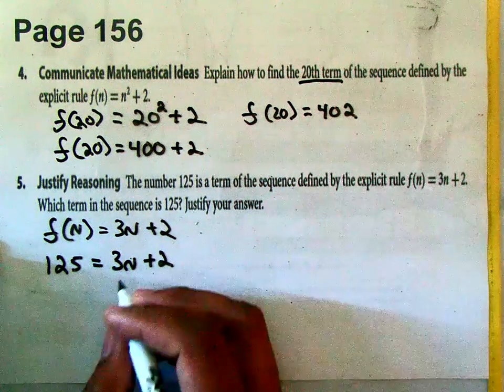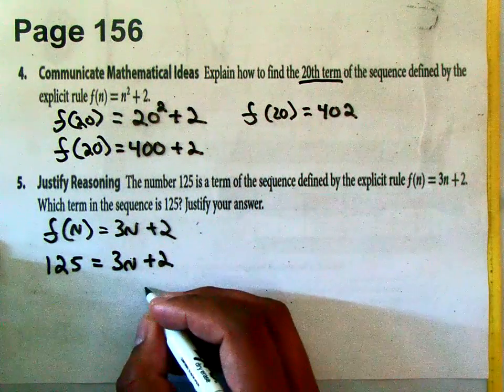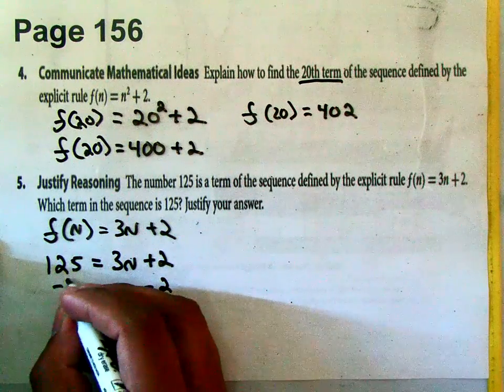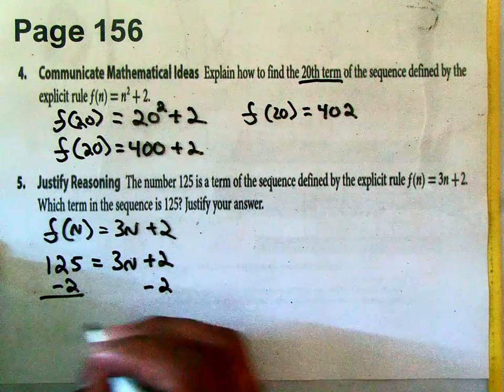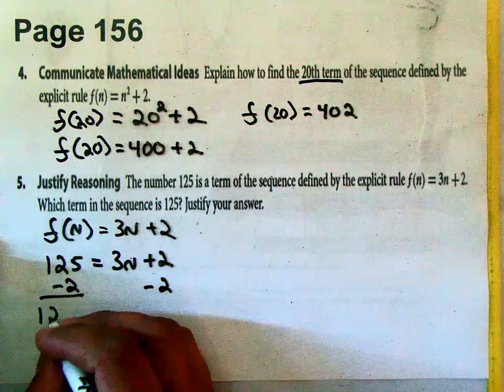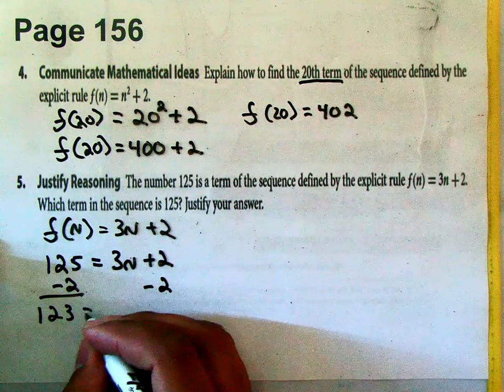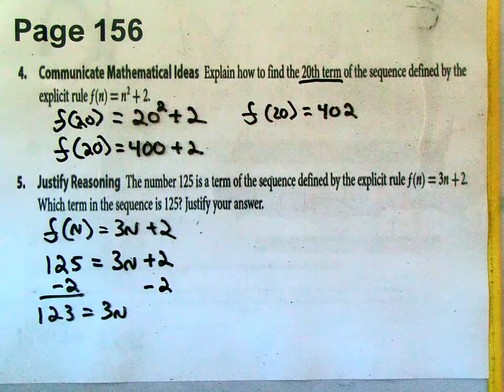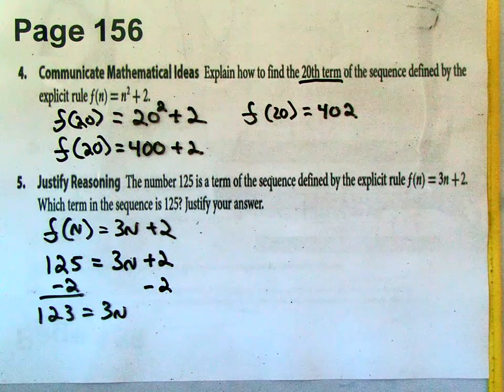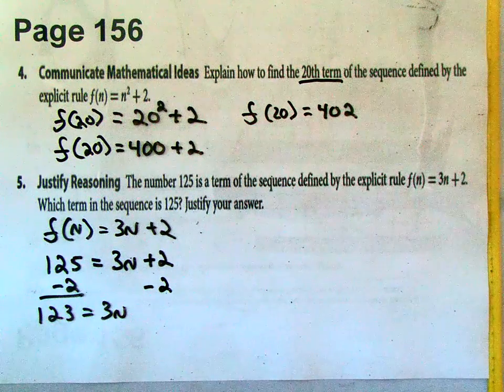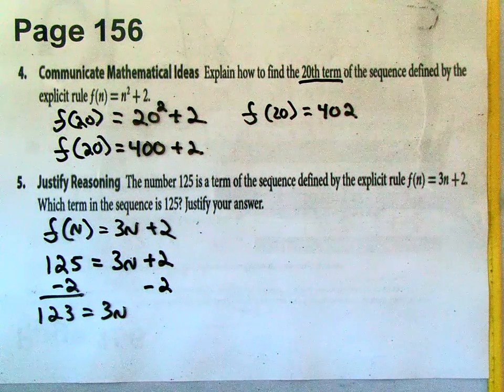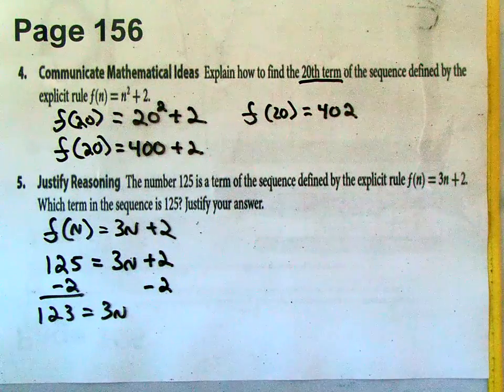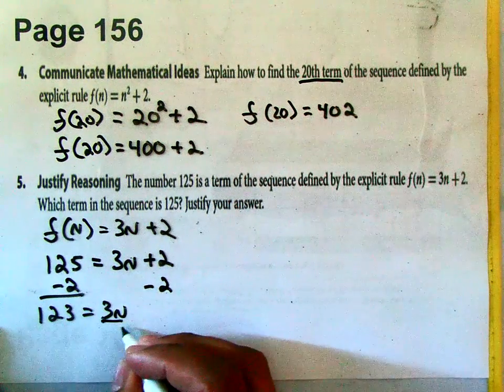And now I'm going to go ahead and solve for n. So I'm going to subtract 2 on both sides. I'm going to divide by 3.